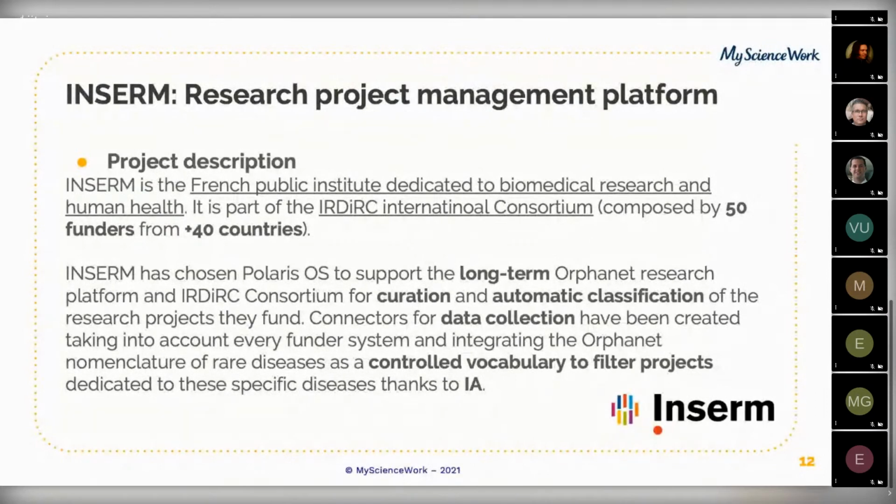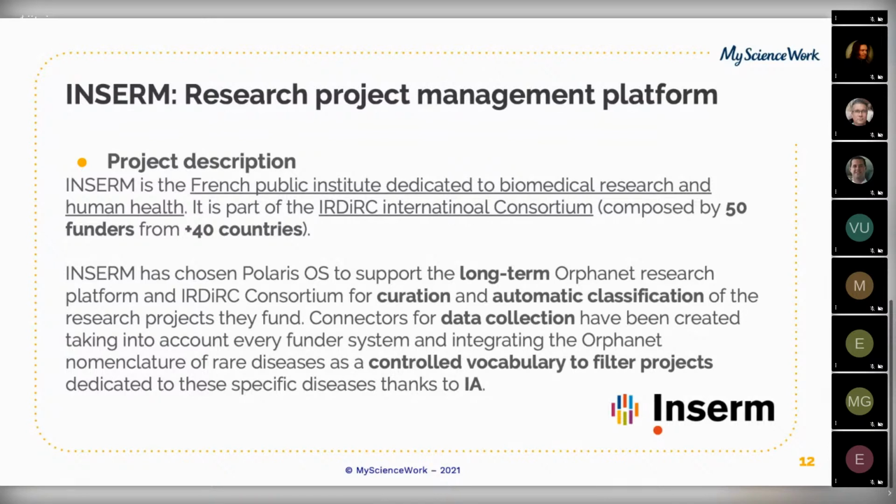So they wanted to contract a service provider of research project information with global coverage, which can integrate the Orphanet nomenclature of rare diseases as a controlled vocabulary list to filter projects dedicated to these specific diseases.